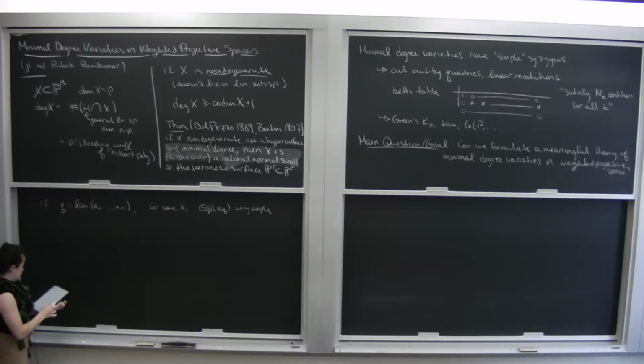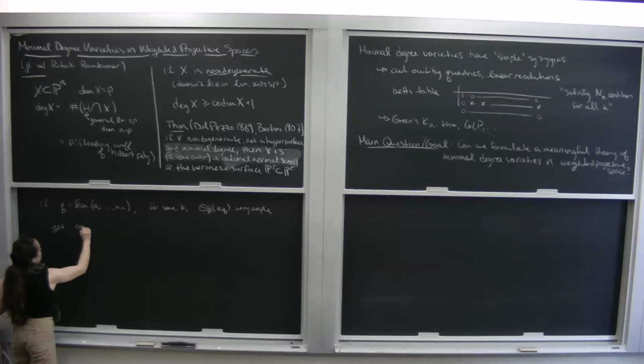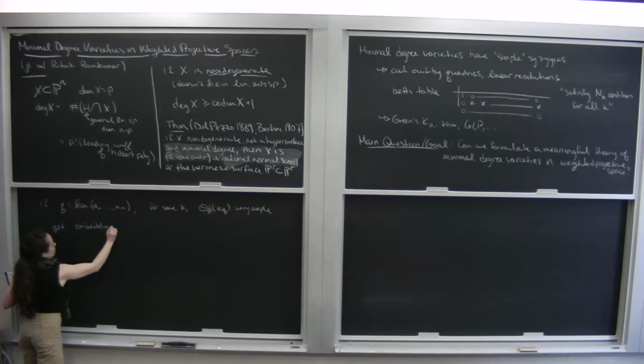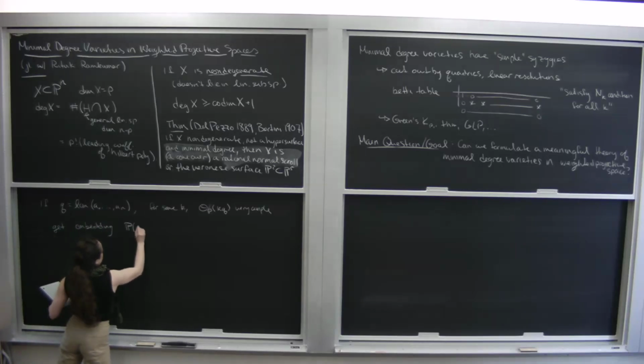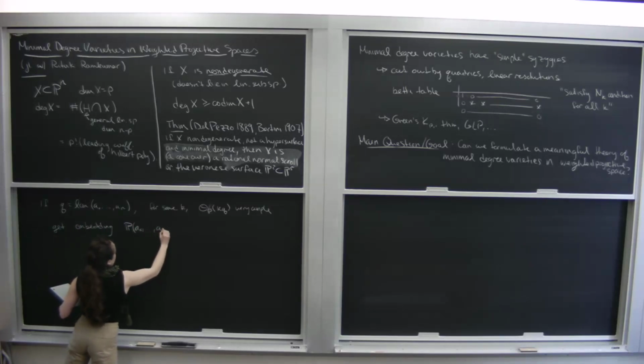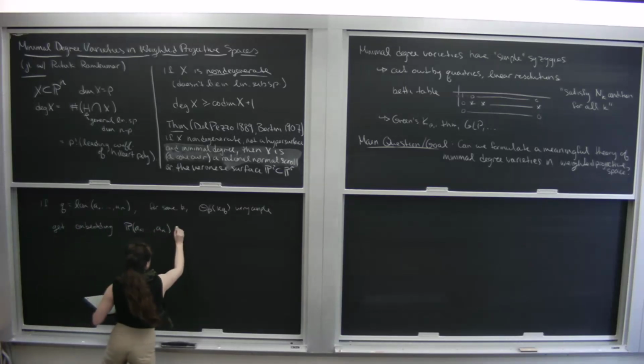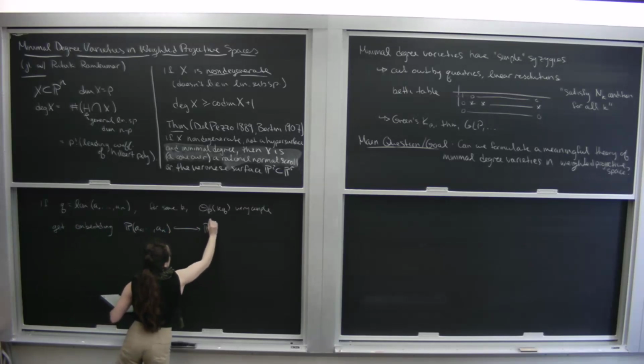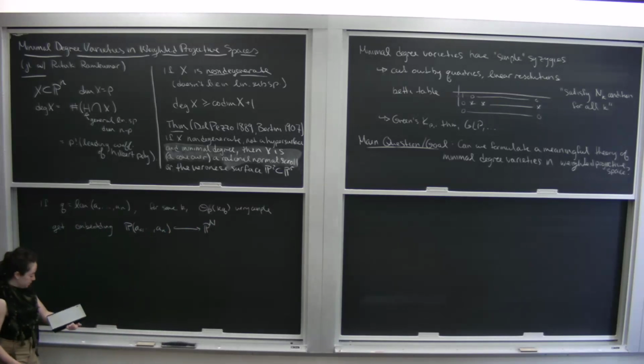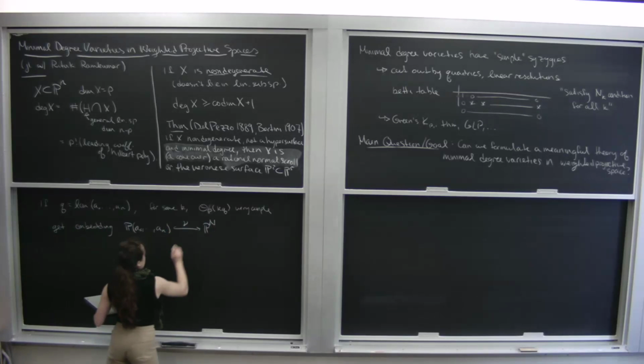And this gives us an embedding from weighted Pn into some bigger Pn. I'll call this U.